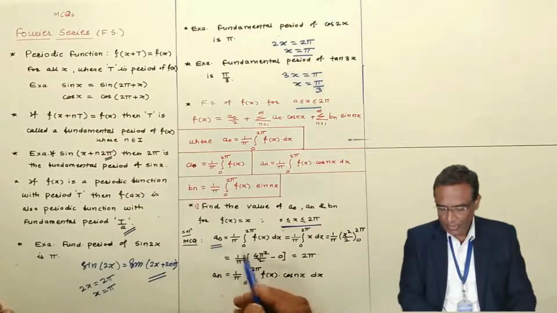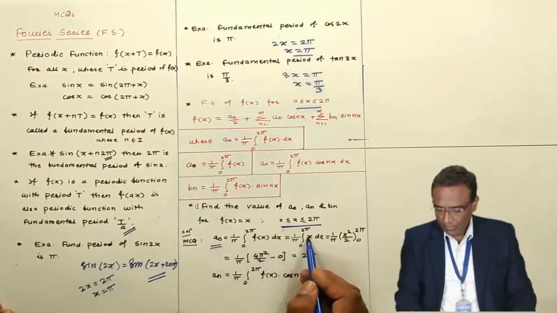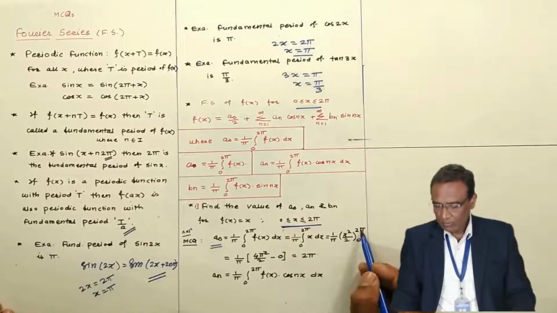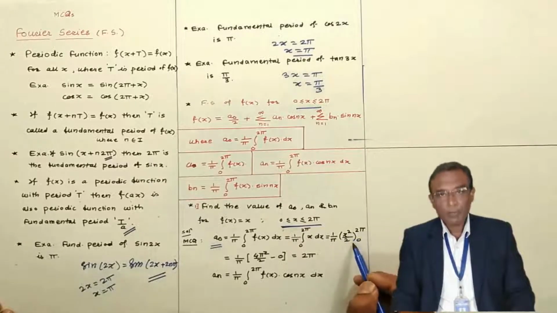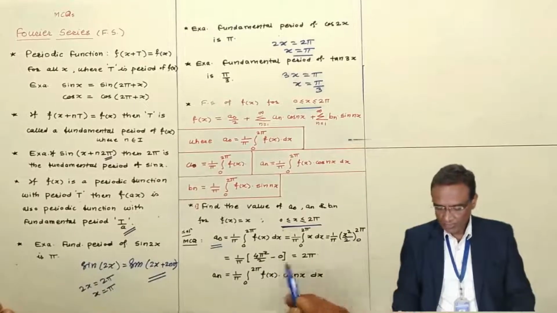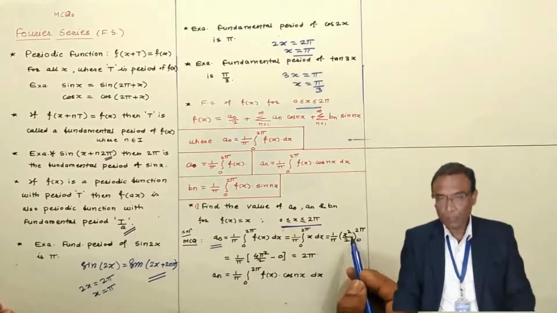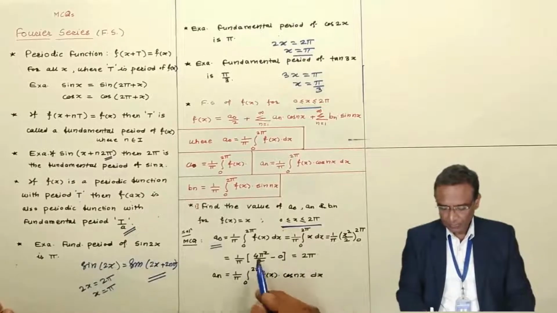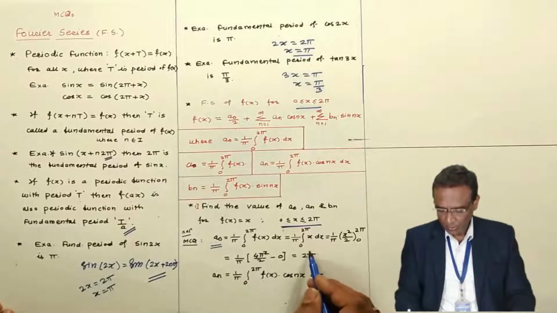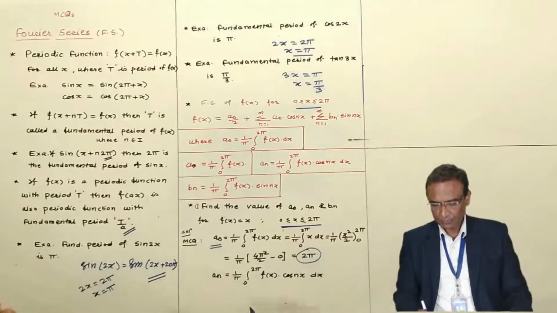Write the formula for a0 and put the value of f of x. The integration of x is x square by 2. Put x equal to 2 pi as the upper limit and x equal to 0 as the lower limit. 2 pi whole square means 4 pi square by 2, minus 0, that is, upper limit minus lower limit. 4 pi square by 2 is 2 pi square, and 2 pi square by pi is 2 pi. This is the value of a0.